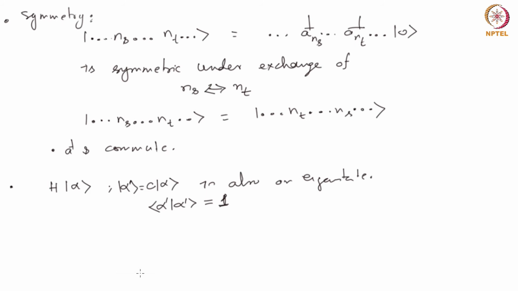Okay, so let's look at normalization now. Let's look at the state as we wrote before, the states N1 up to N. I'm looking at the normalization of these states.